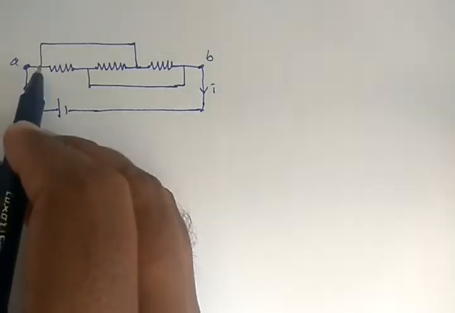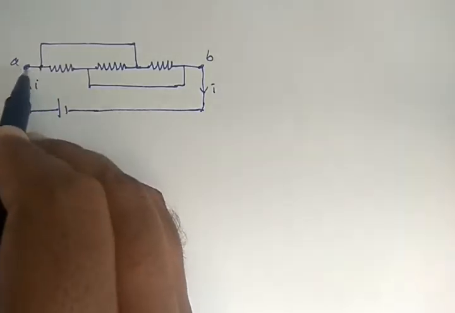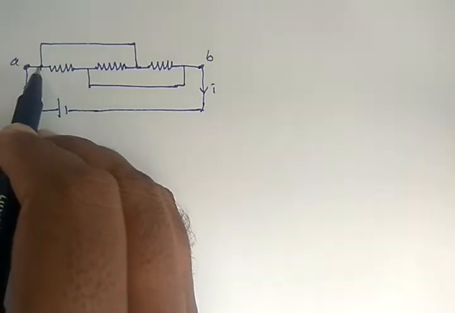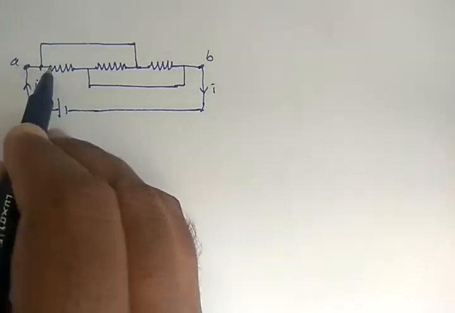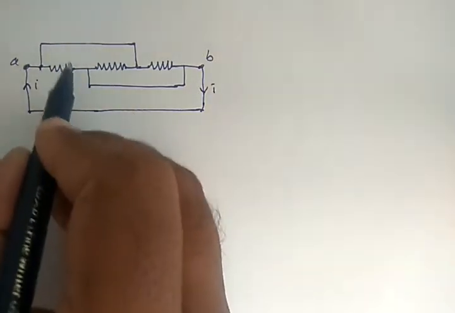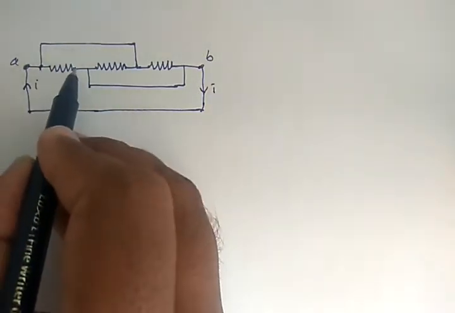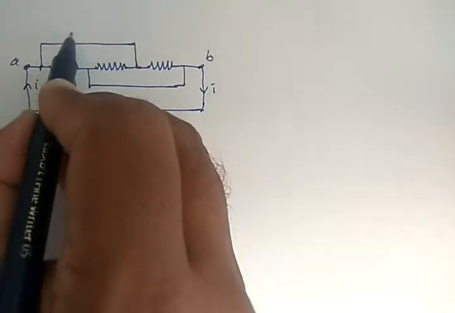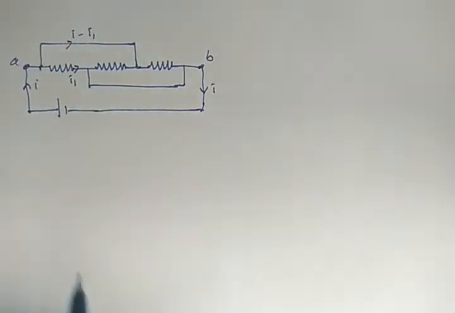So here I is current here, and that's meeting a junction. So whenever it is meeting a junction, a part of current will go through this line and a part of current will go through that line. So assume that the part that is going through this line is, let's say, I1, and the part that is going through that one becomes now I minus I1.